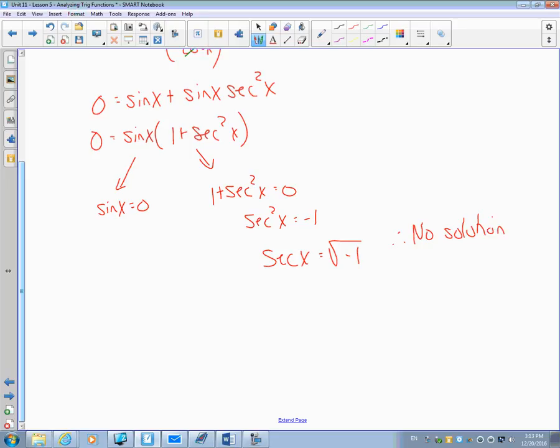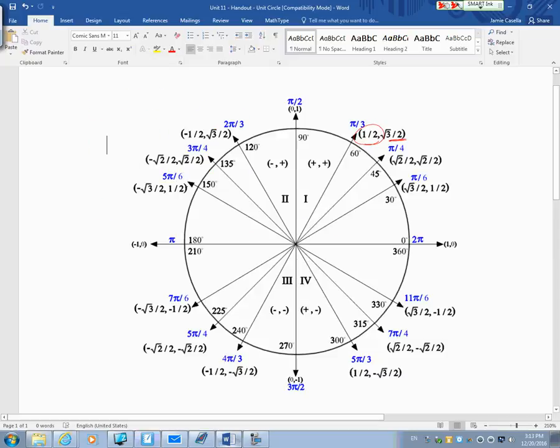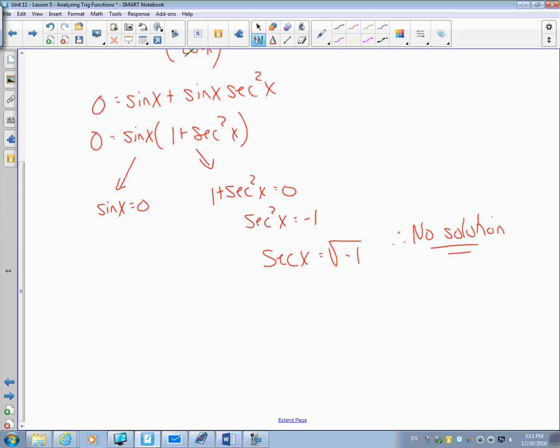So the only value that makes this true is when sine x equals 0. Okay, unit circle, where does sine equal 0? Over here and over here. So 0 and pi, and 2 pi I suppose. Where does this have a horizontal tangent? 3 spots. When x is 0, pi, or 2 pi.